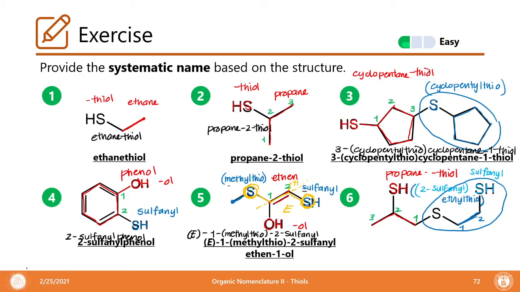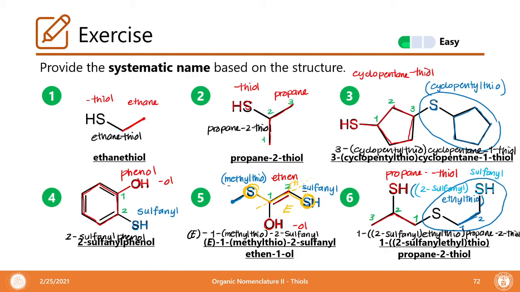So when we assemble the name, we have 1, parenthesis, 2-sulfanyl ethyl thio propane 2-thiol. Okay, 1-2-sulfanyl ethyl thio propane-2-thiol.